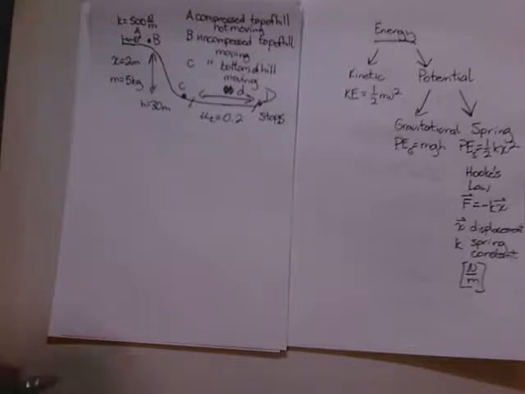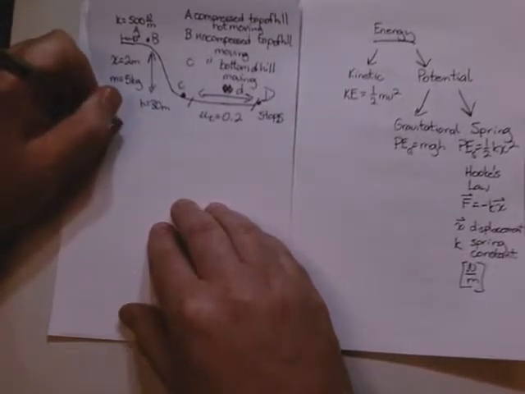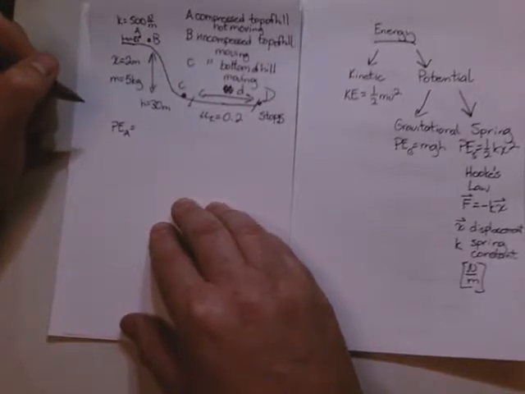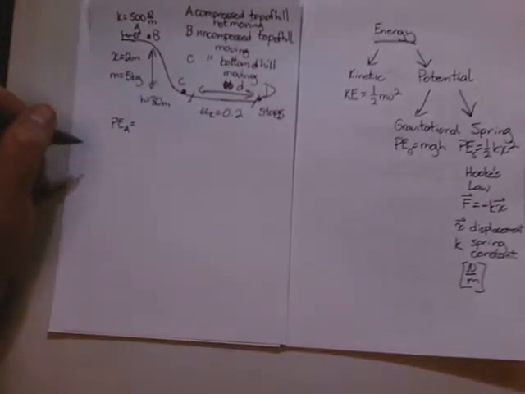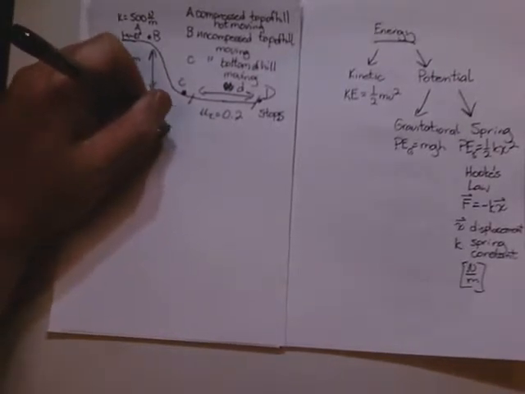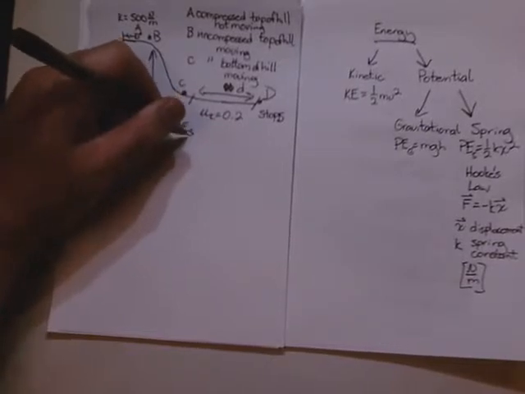So the first question that I have is, what is the potential energy at A? The compressed top of the hill, that works better. It's compressed and at the top of the hill. So that is potential energy due to gravity and potential energy due to the spring.